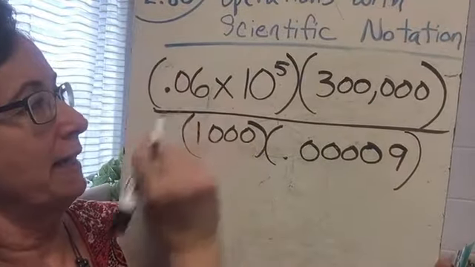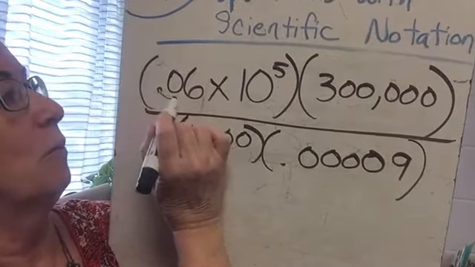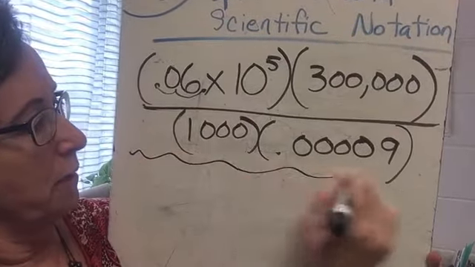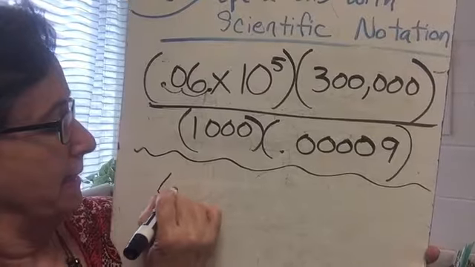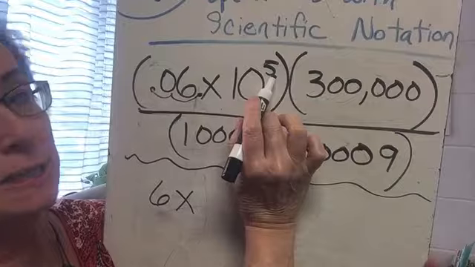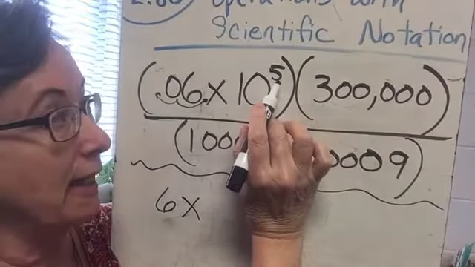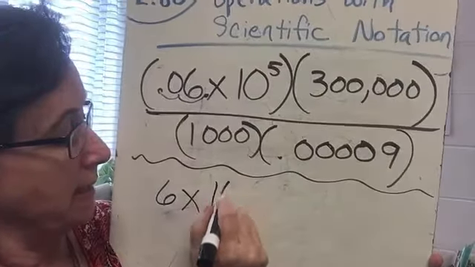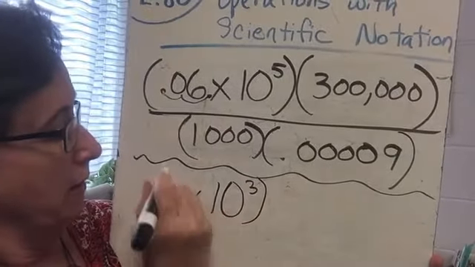So this one right here needs to come 2 steps to the right. So we're going to put a little line here to keep them straight. 6 times. Now, if this goes 2 to the right, doesn't this exponent need to move 2 to the left on the number line? So 5 take away 2 is 3. So that's going to be 10 to the third.